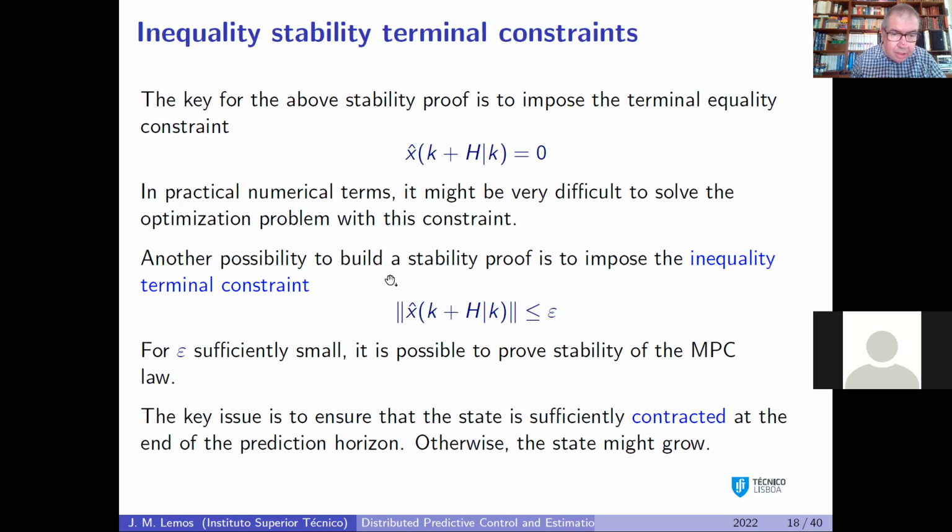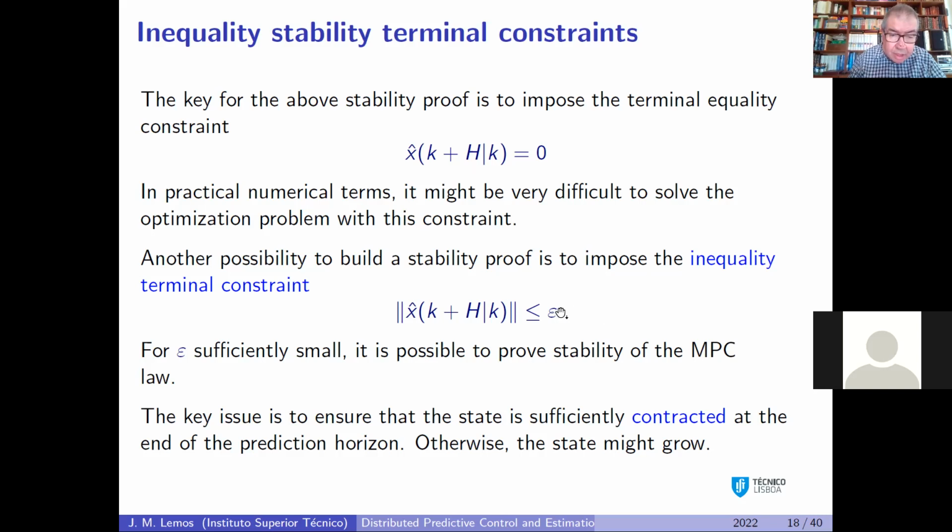So people started looking for different approaches, and one of the approaches, actually there are more approaches than the terminal constraints, but one of the approaches consists in imposing that the norm of the terminal state is not exactly zero, but sufficiently small. That is to say, the norm is smaller or equal than some epsilon, and you can prove a theorem. I'm not going to do it here because it's a little bit more complicated.